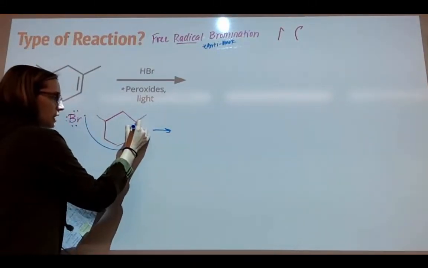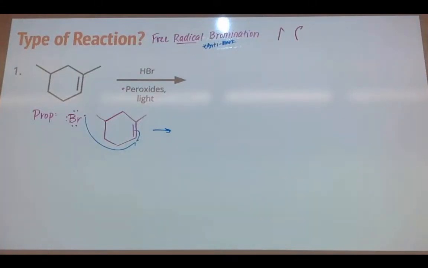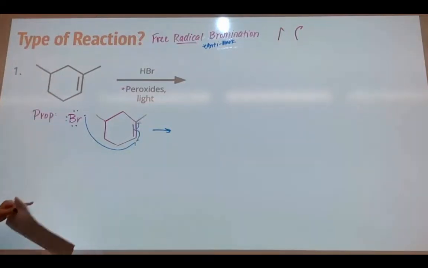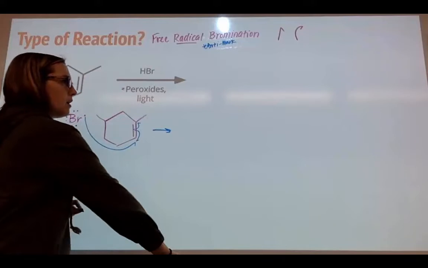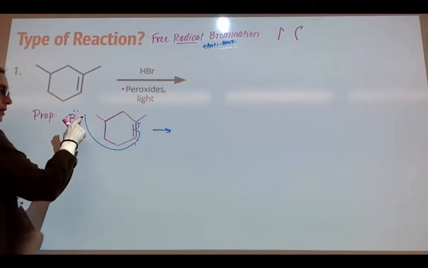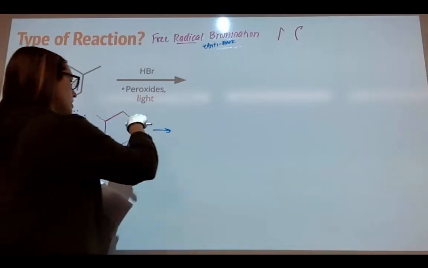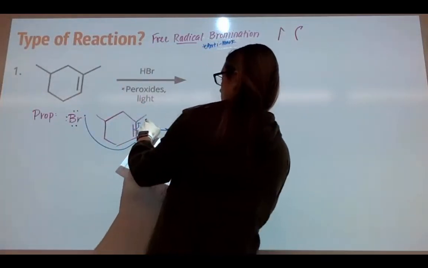We still have 1 electron here that's just sitting there. This other electron from this double bond is going to go to the other carbon. So we actually have 3 single arrows in this first step, 3 single electrons. We have 1 from the bromine, 1 from the double bond, and then the other one from the double bond is going to this carbon.